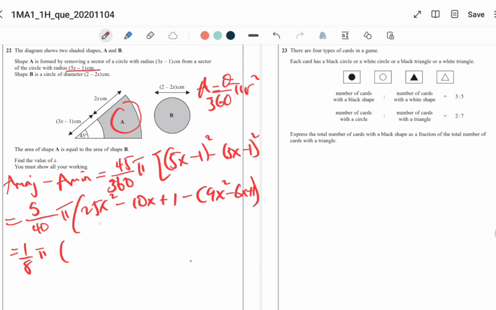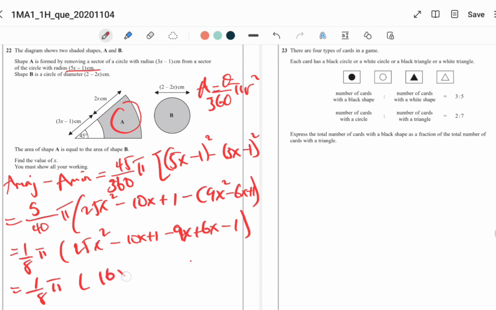This would be 25x squared minus 10x plus 1 minus 9x plus 6x minus 1. Okay, the ones would cancel out. Great, which is 1/8 pi. 25 minus 9 is 16x squared. Negative 10 plus 6x, that's negative 4x. Okay, 1/8.